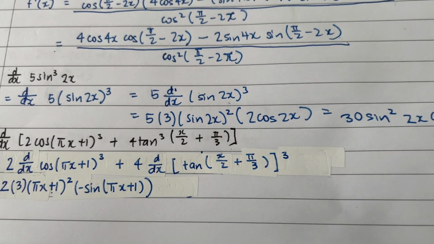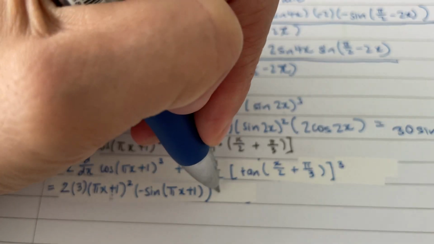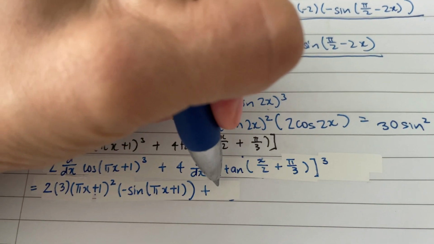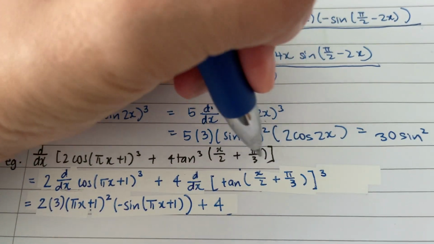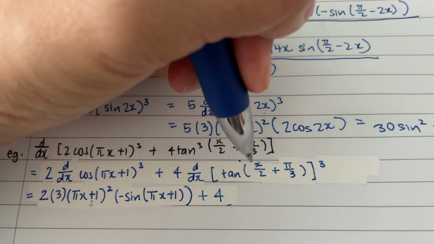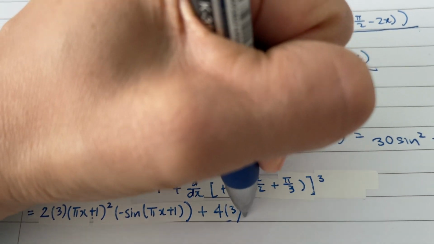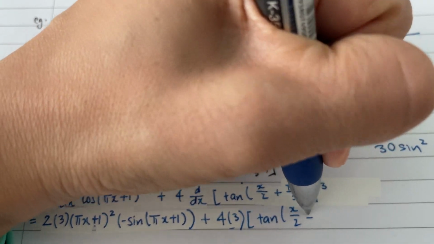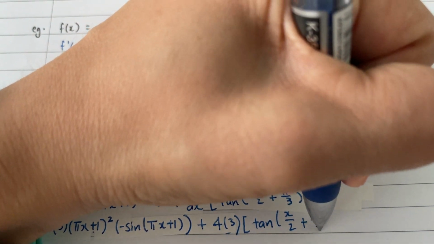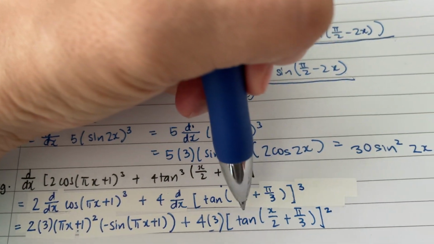Next part, let's differentiate this portion. So we will have plus 4. Okay, next, let's differentiate tangent x over 2 plus pi by 3. So that means we bring down the 3. Tangent (x over 2 plus pi by 3). And now we have to differentiate the inside.